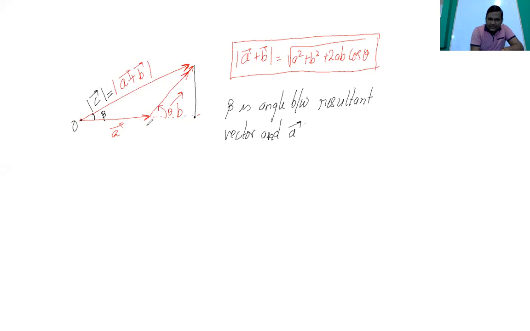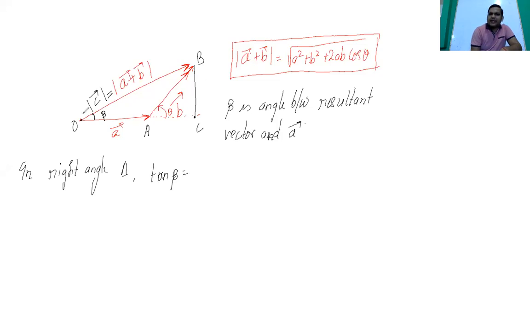Suppose this is O, this is A, this is your B, and this is your C. You can see the right angle triangle OBC. In the right angle triangle, what can we write here? Tan beta.